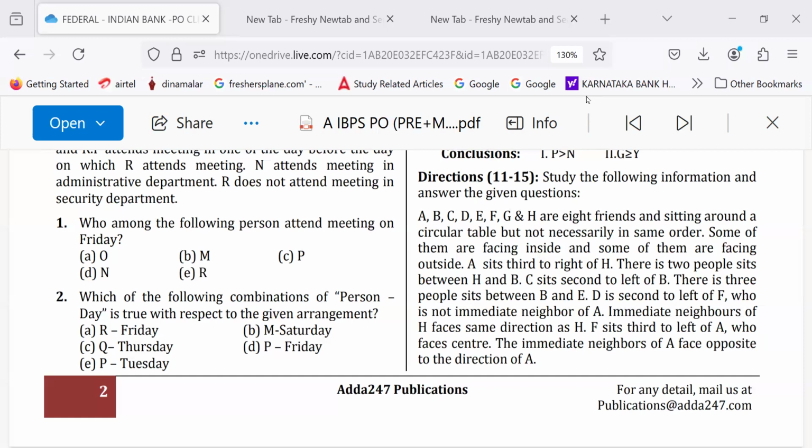F sits third to the left of A, who is facing the center. From there only we should start. The immediate neighbors of A face opposite direction. So this information is there. A is facing towards the center.